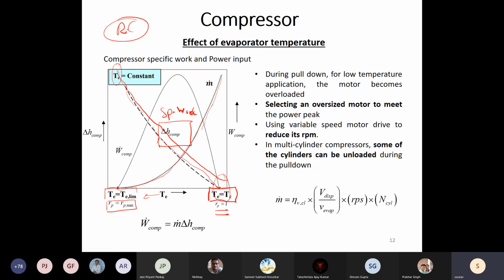So on one hand, you will have specific work going to zero here, whereas mass flow rate is very high. In the other limiting case, you will have mass flow rate 0, but your specific work is very high. When you take the product of these two, you will get something of this nature.